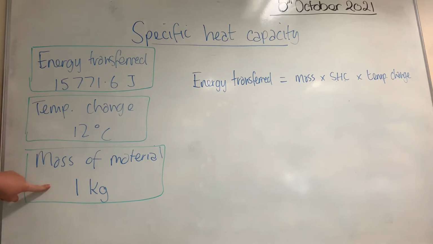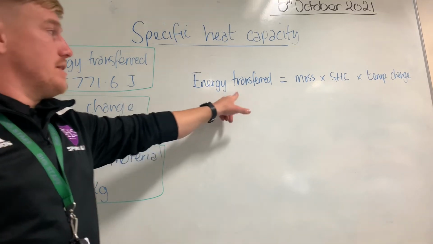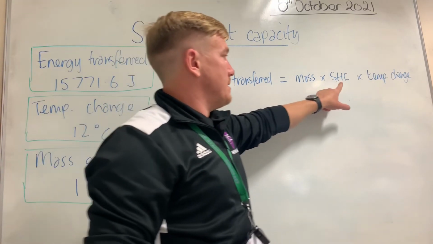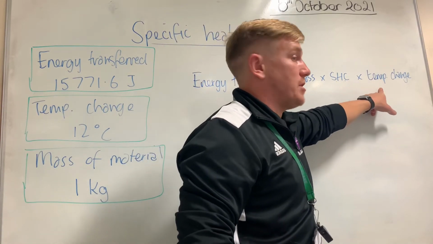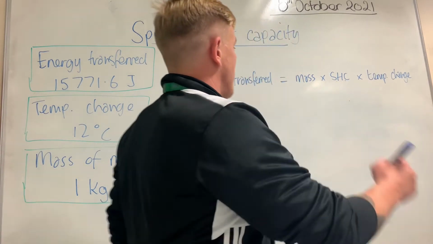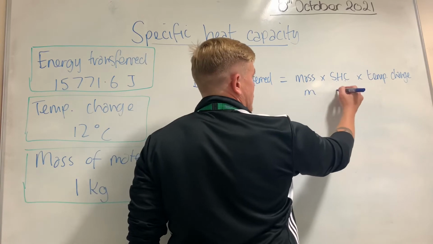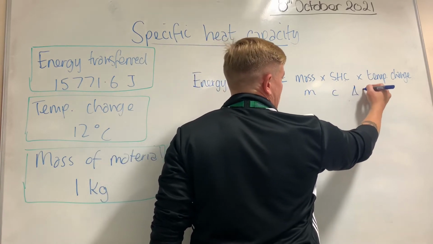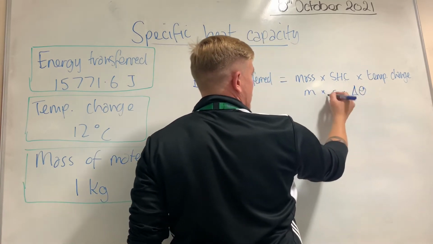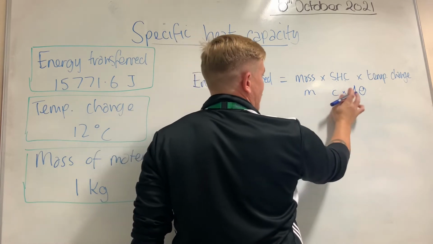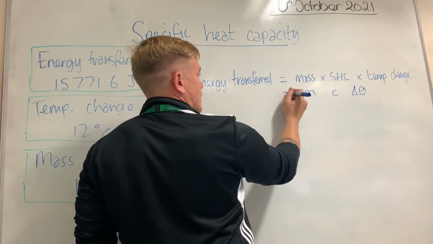We have our energy transferred, our temperature change, and we also have the mass of our material, which is a kilogram of aluminium. Now the specific heat capacity equation is our energy transferred is equal to our mass times our specific heat capacity times our temperature change. And sometimes that can be represented in symbols and letters as follows.